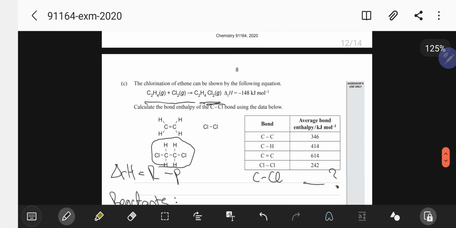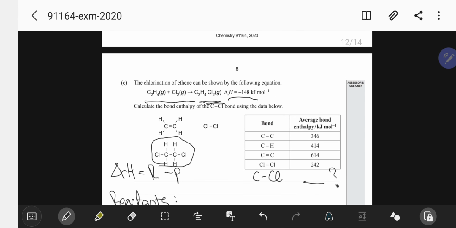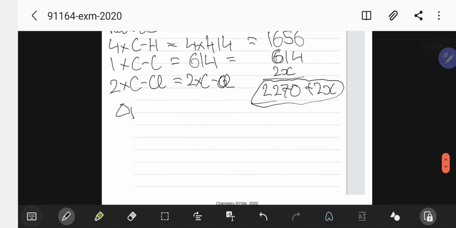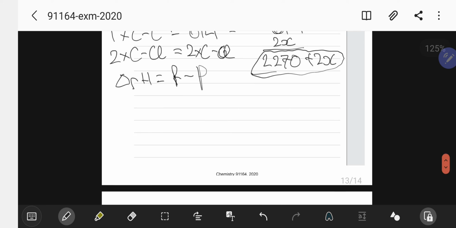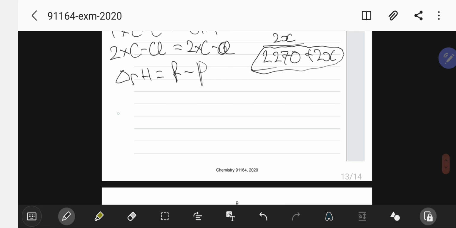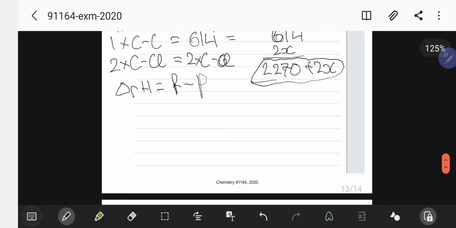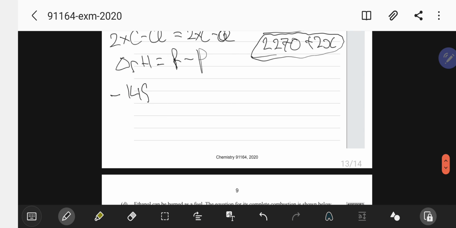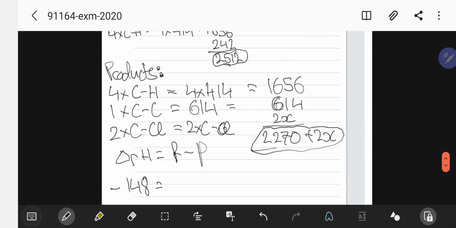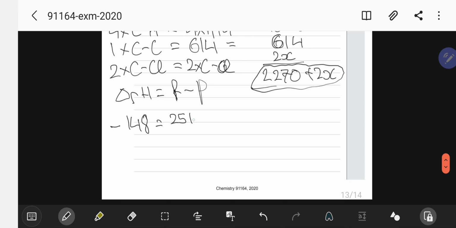And we've got our change in enthalpy, which is negative 148. So using that formula, change in enthalpy equals reactants minus products, we can put it in. Negative 148 equals our reactants, which is 2512, minus 2270 plus 2x, and this goes out to these numbers here in the brackets.